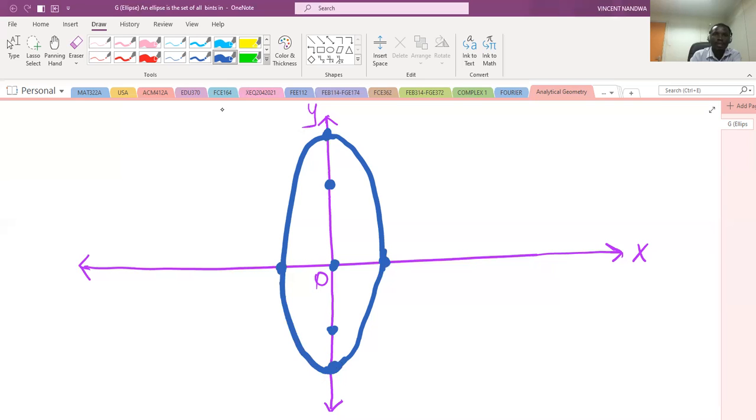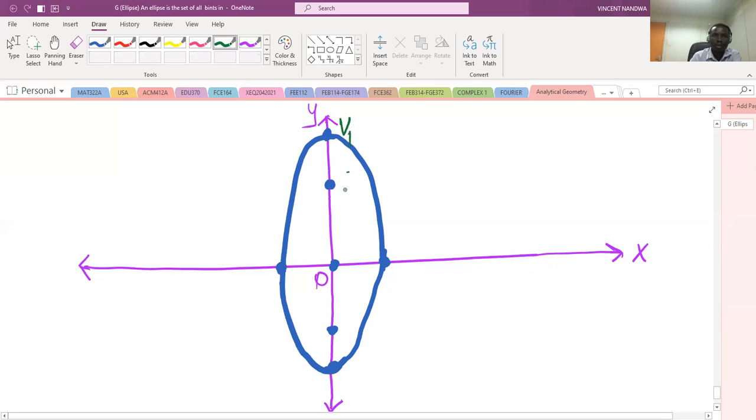Let's label this one V1, this one F1. This is the origin or the center. This is B1, call this one B2. Call this one F2, and this one V2. So that's what we have.